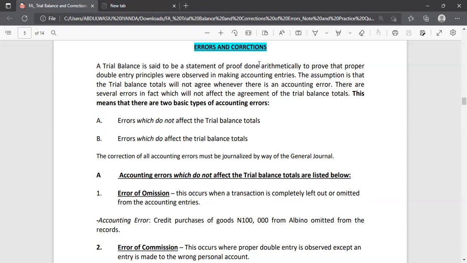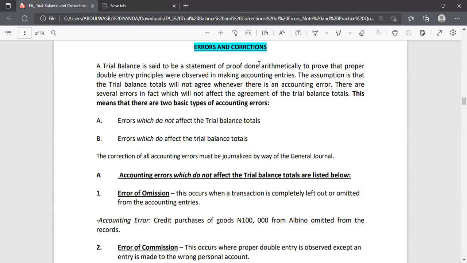Check your notes: the trial balance agreed. What we have on the debit side of the trial balance is the same as what we have on the credit, meaning the trial balance agreed.